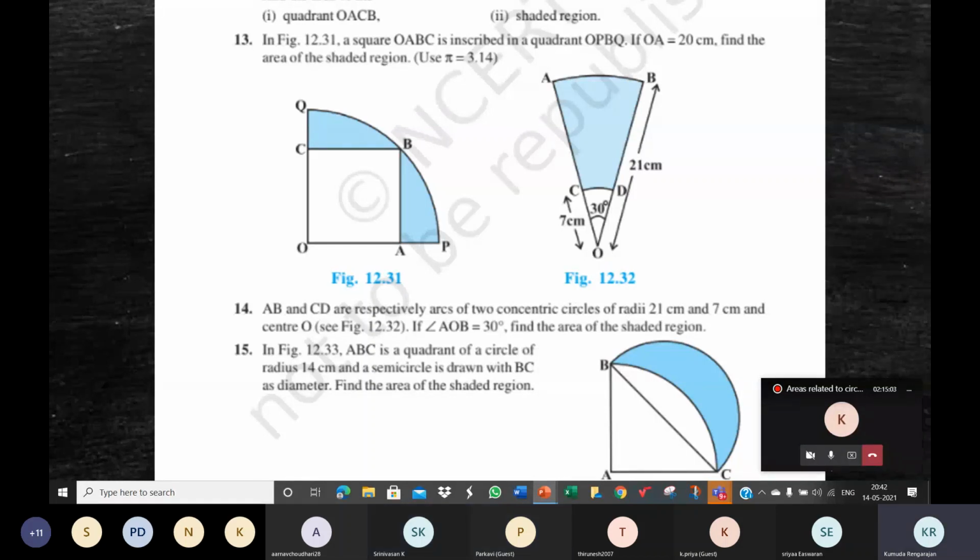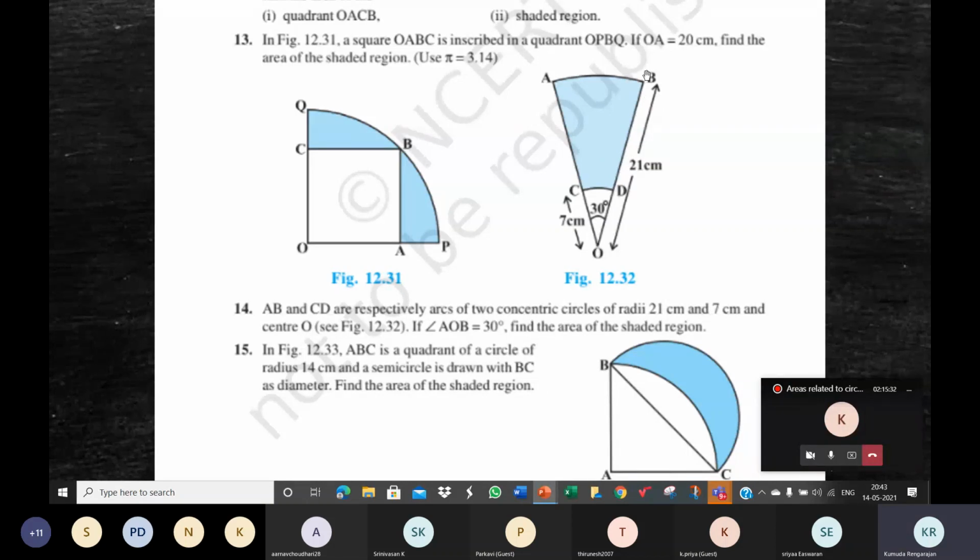Yes, correct. So theta by 360, 30 by 360 into pi, capital R square minus small r square. Theta is 30 degrees, capital R is 21. Understand that it's capital R. This is the center. This is a point on the outer arc. B is a point on the outer arc.